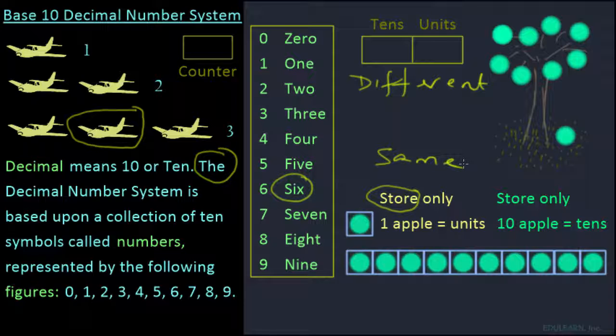Now what we have here is a word, and what we have here is a picture of an item. So even though they are both different, this is an aeroplane and this is a word, yet I'm saying that there is something about the two of them that is the same.